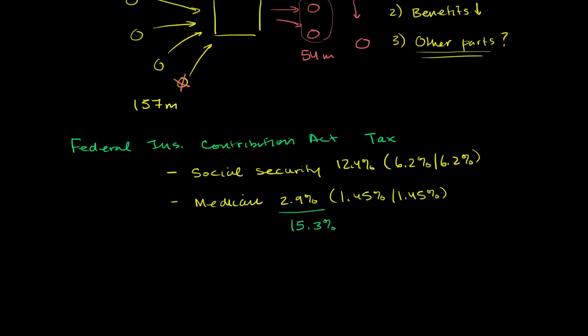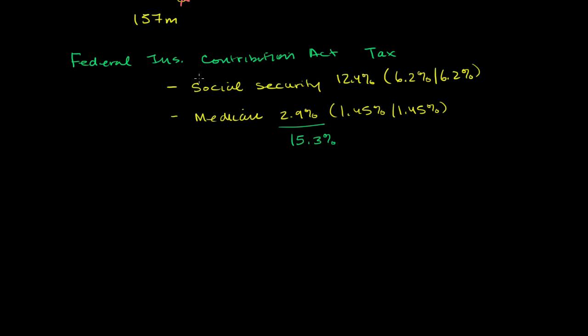Now let's just do a calculation so that it makes a little bit more tangible sense of what I'm even talking about with this FICA tax. So let's imagine that you make $100,000 a year, and that's a nice number because it makes the math easy. And then your employer, let me write it like this, employer.